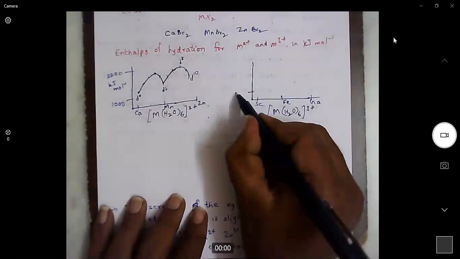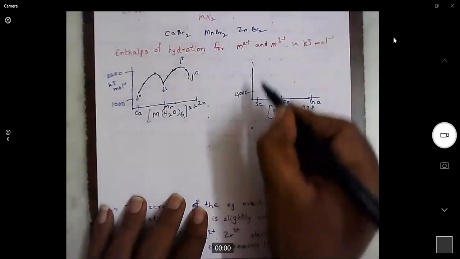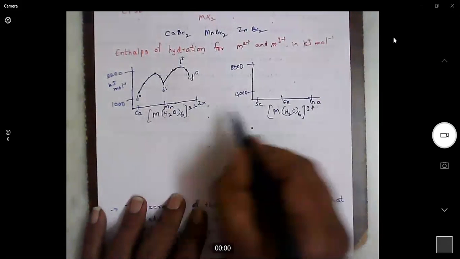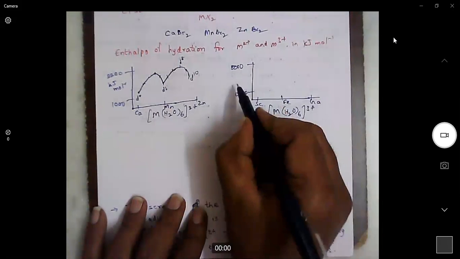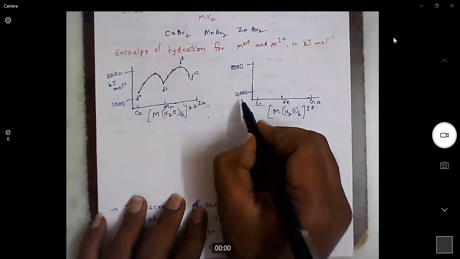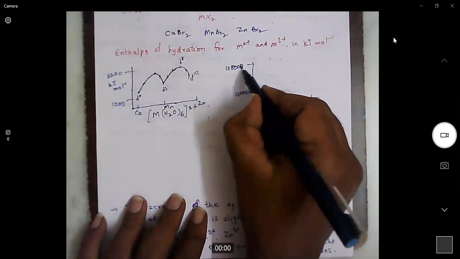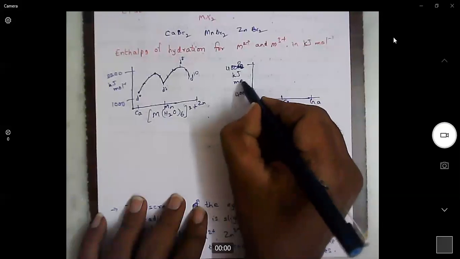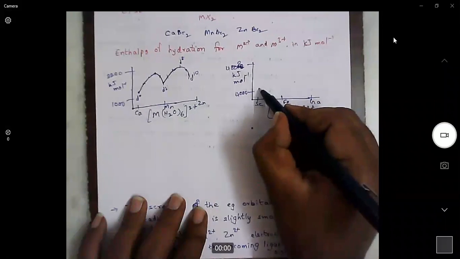Similarly, for the plus 3 oxidation state, because the oxidation state is increasing from plus 2 to plus 3, we must expect an increase in CFSE. So here it is 4000 to 4800 kilojoules per mole. Now it will follow the same trend.